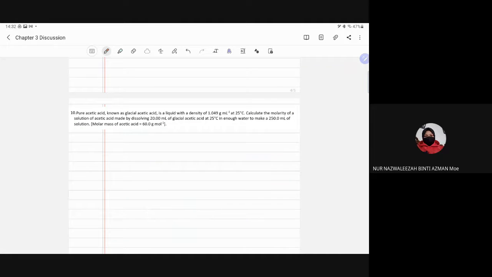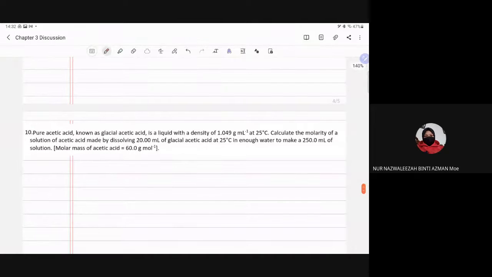All right. So now, this is question 10 under 3.3, try this. Pure acetic acid, known as glacial acetic acid, is a liquid with the density of 1.049 grams per ml at 25 degrees Celsius.